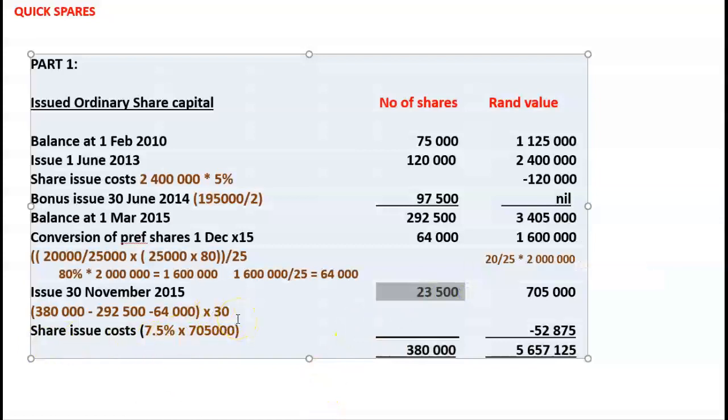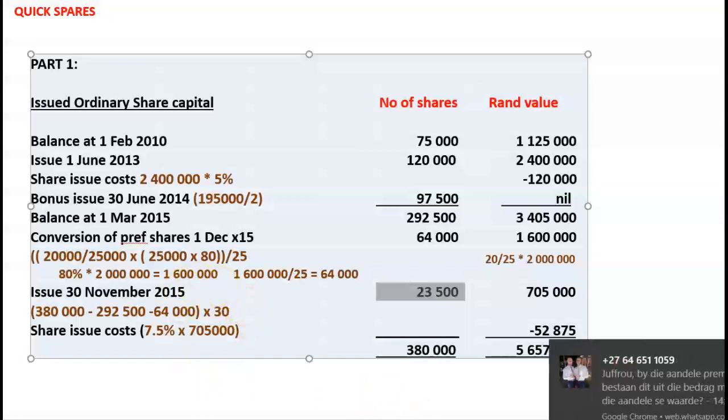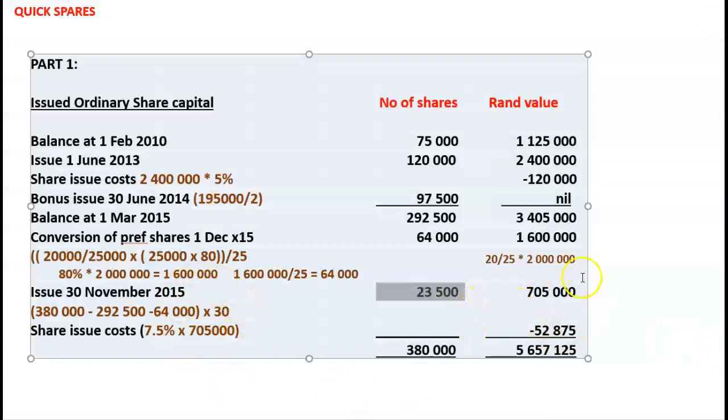So that times 30 Rand gives us then a total of 705,000 Rand. 23,500 times 30, 705,000. And then there was 7.5% underwriters commission applicable on the share issue. So 705,000 times 7.5% gives us 52,875.